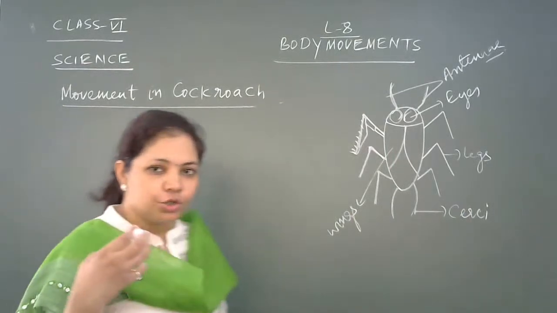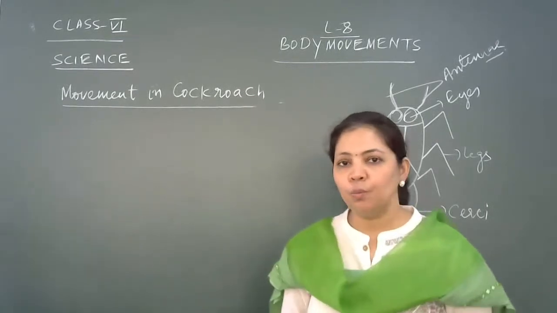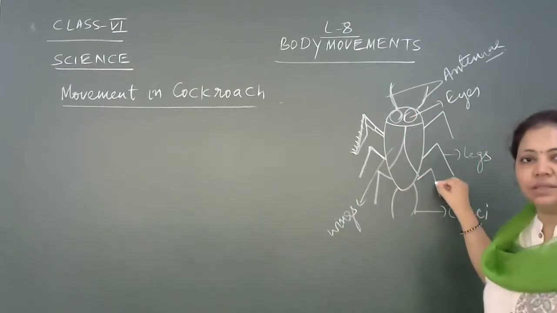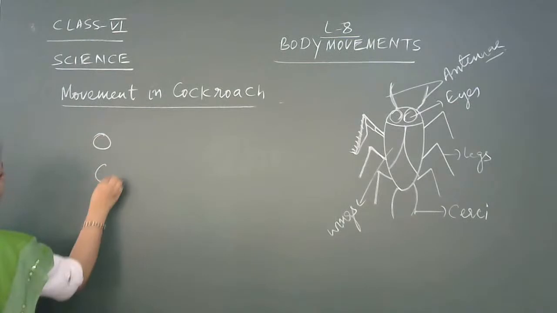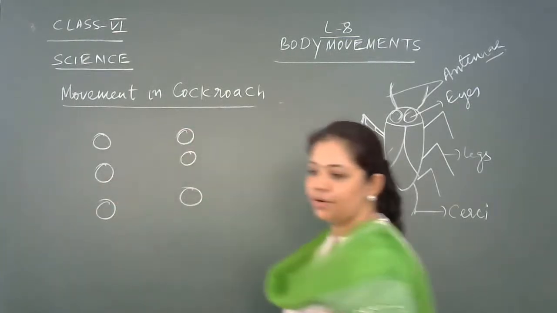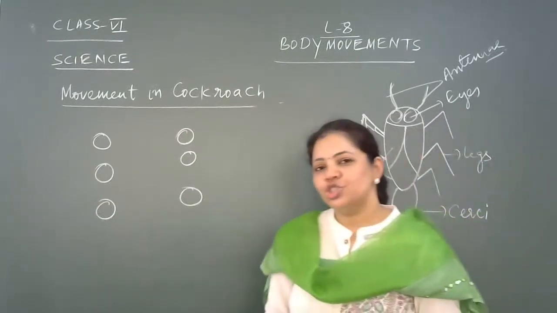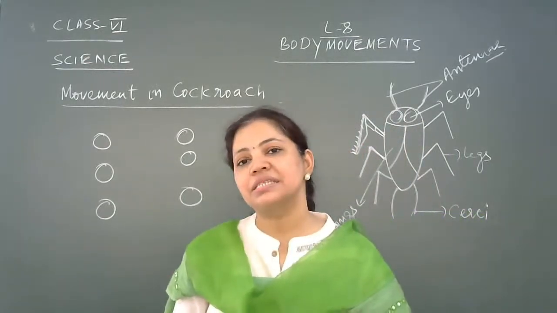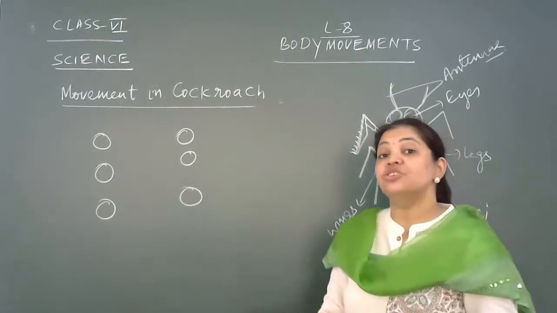Now, do you know cockroaches move in a very interesting manner? How? On each side of the cockroach, three legs are there. Say, for example, I am representing these three legs with the help of three dots. Now, when a cockroach tends to move, at a time it uses only three legs, and that in a triangular pattern.